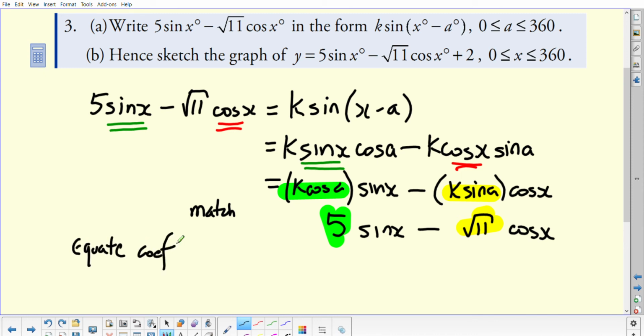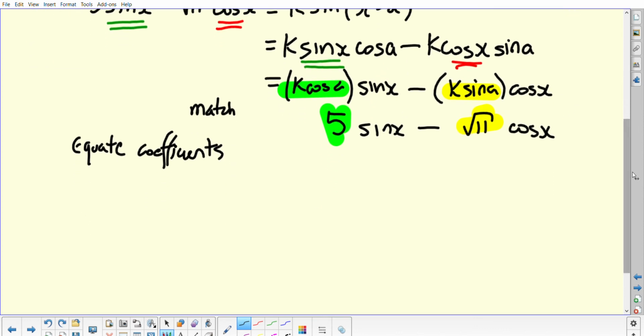So equating coefficients, you can write down your two little mini equations, which here would be k cos a equals 5 and k sine a is equal to root 11.